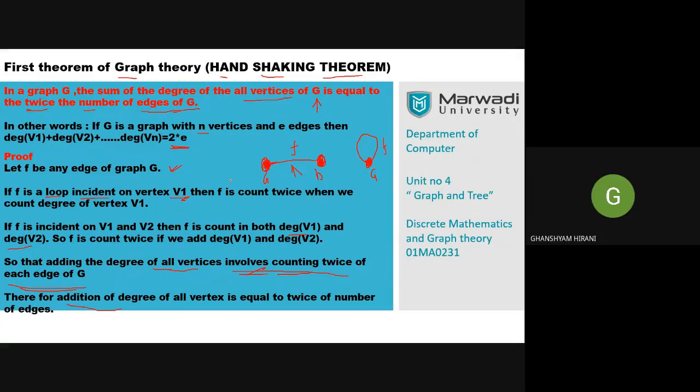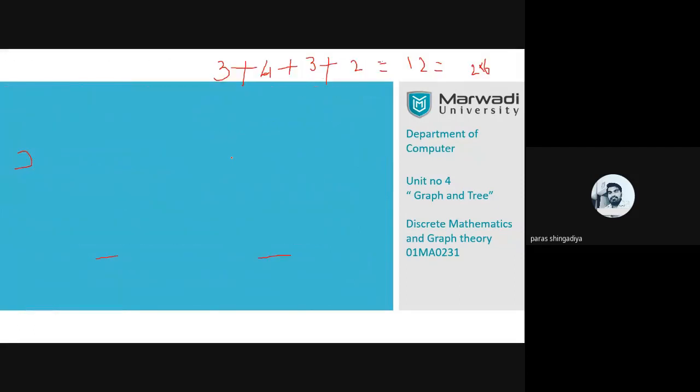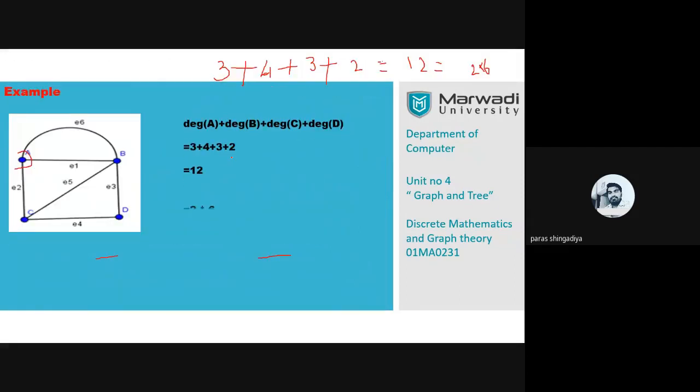Yes, sir. Okay, good. If you have any doubt, you can ask a question in the chat box. Otherwise, you can ask me directly. So that is a theorem. It is also a very important theorem for the exam. So understand clearly, and for any doubt you can ask me.